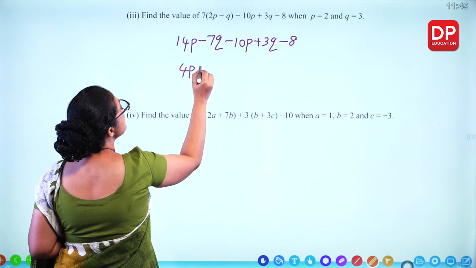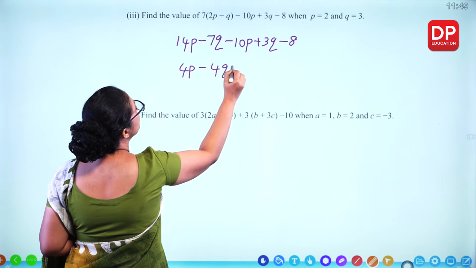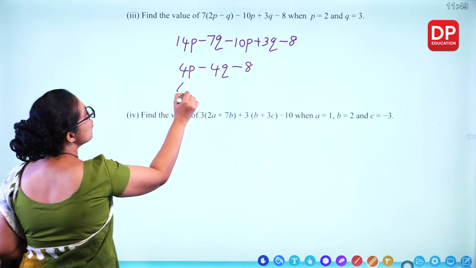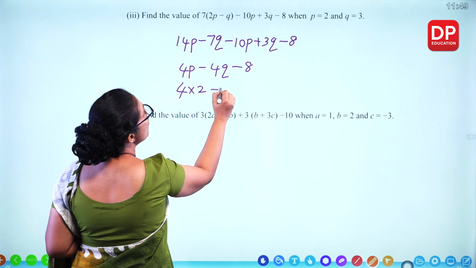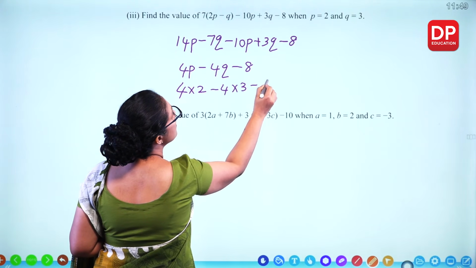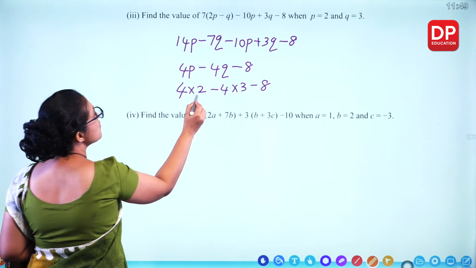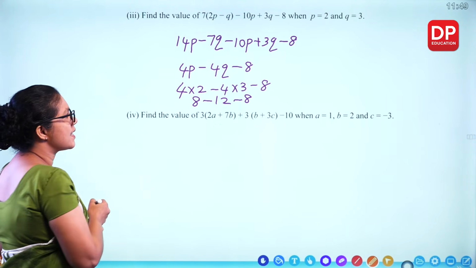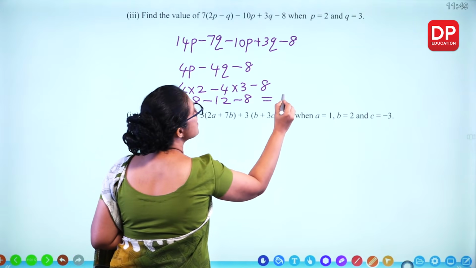Minus 7 and plus 3, minus 4. Now, substitute the values. 4 times 2, 4 times 3 here, and minus 8. 4 times 2, 8, minus 12, minus 8. 8 get cancelled out, you get minus 12.